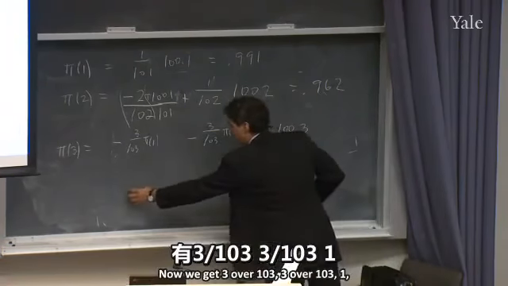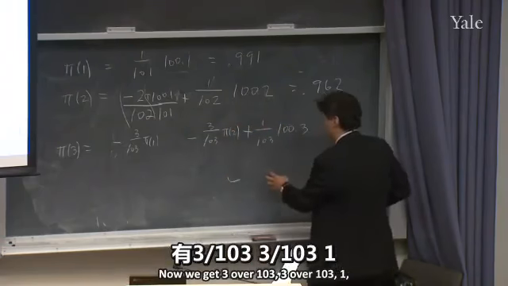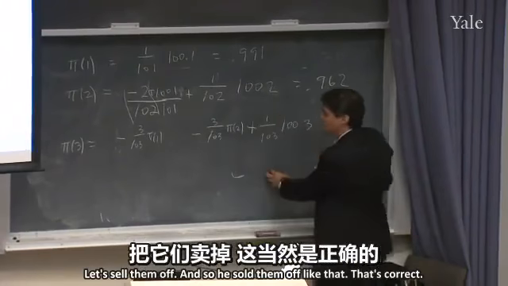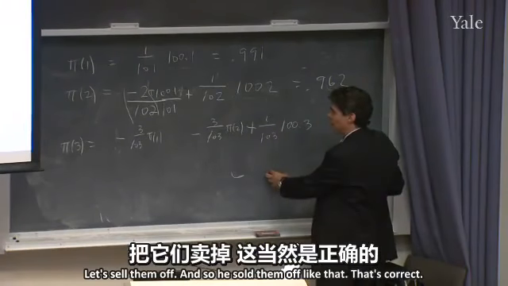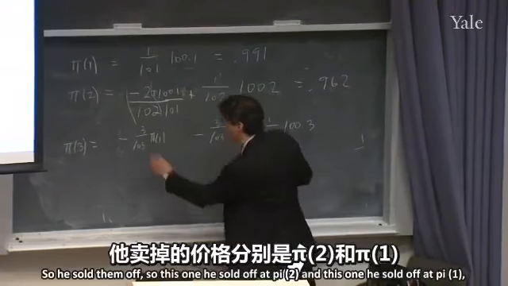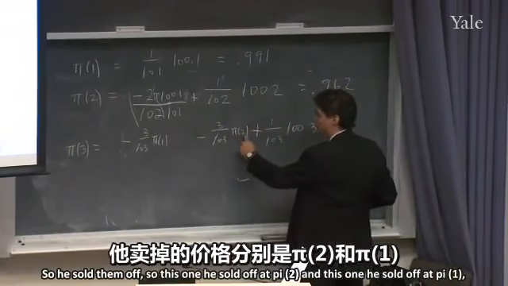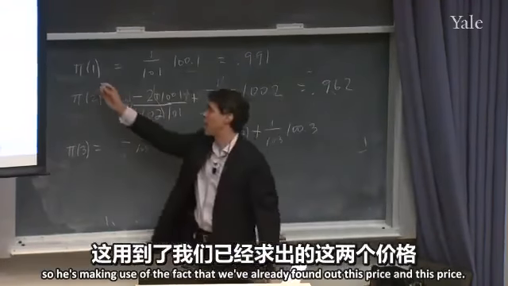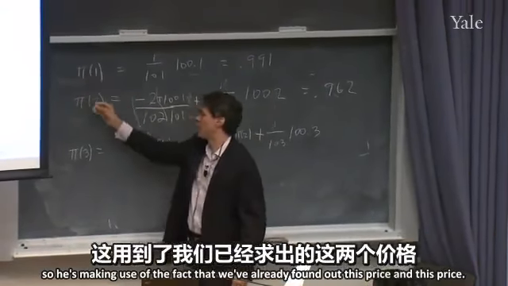Now we get 3 over 103, 3 over 103, 1. And so he's saying, we've got 2 extra payments. Let's sell them off. Actually, that's correct. So this one he sold off at pi 2, and this one he sold off at pi 1. So he's making use of the fact that we've already found out this price and this price.